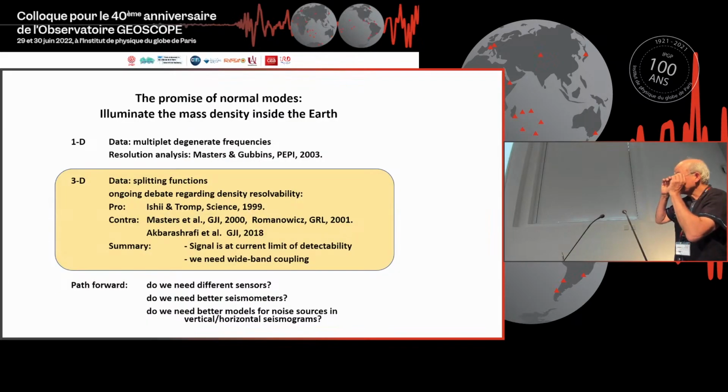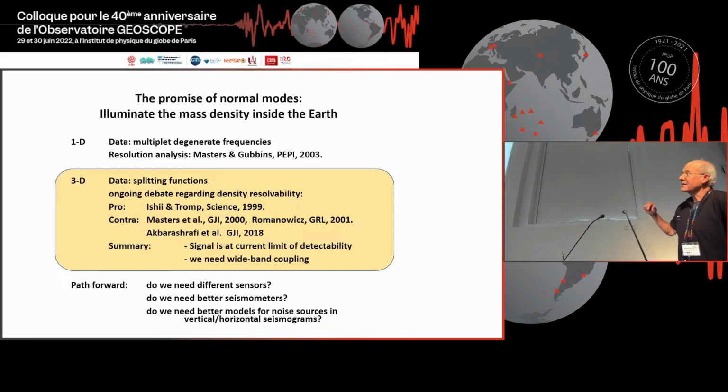Okay. Let's go to 3D density, which has already been mentioned in the previous talk. There is an ongoing debate, to say it mildly, whether the normal mode data can or cannot resolve density heterogeneities independent of P and S wave velocity heterogeneities.